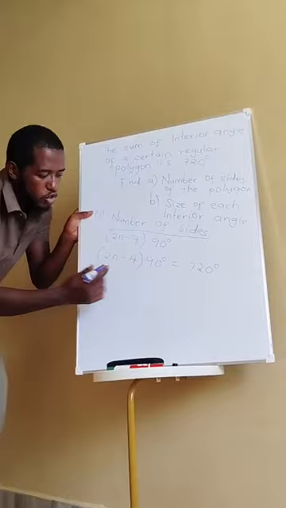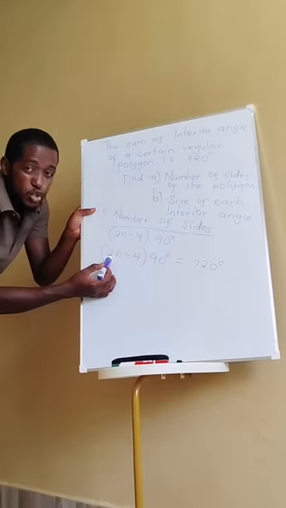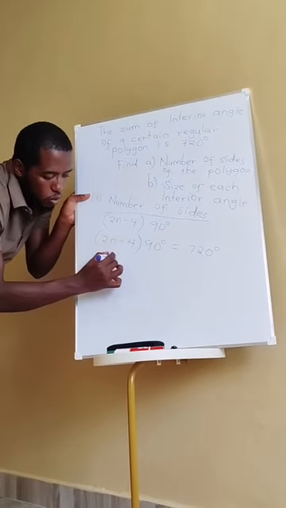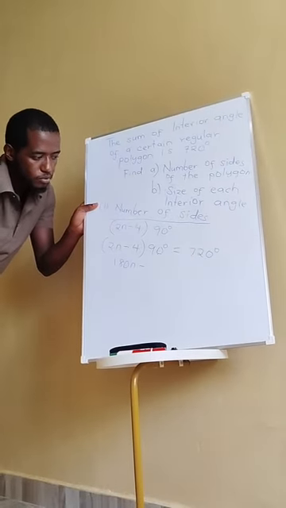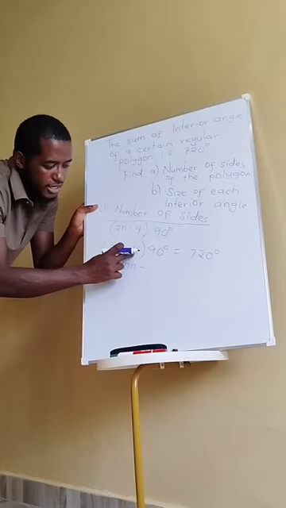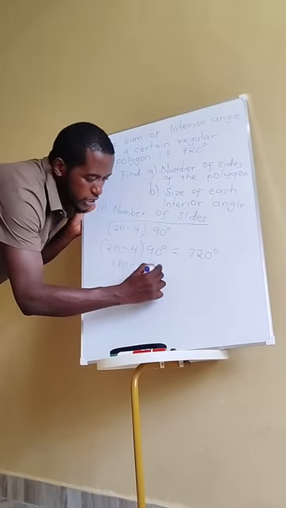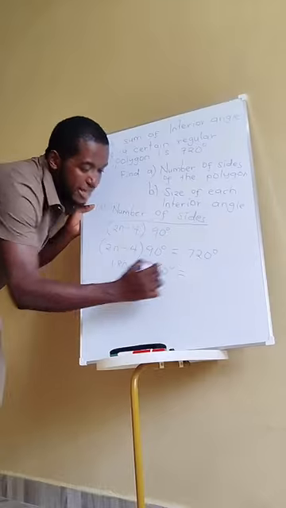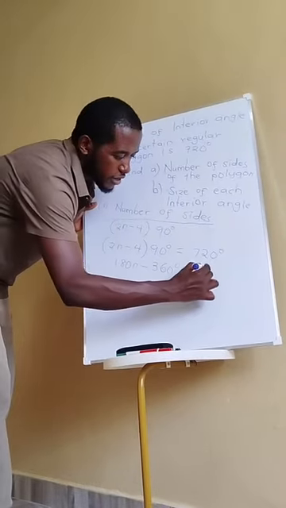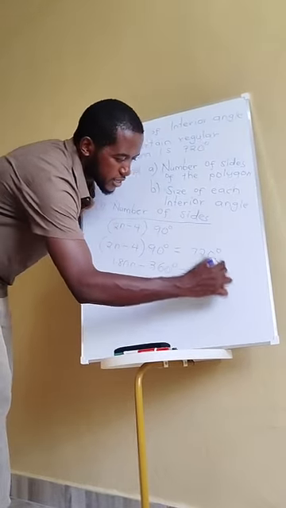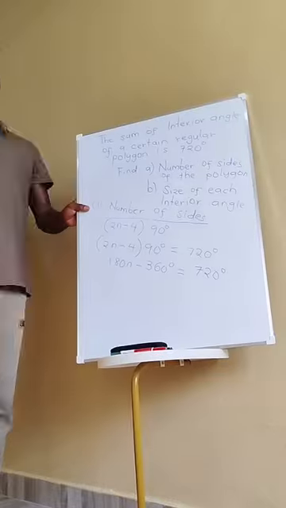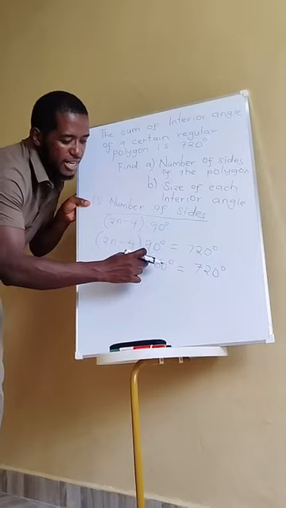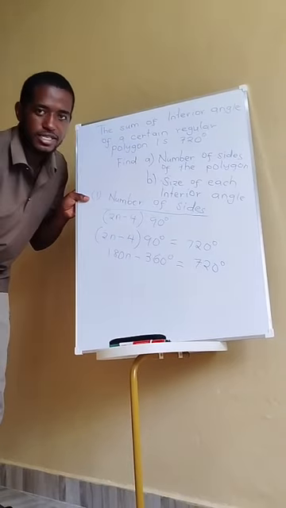You open the bracket. So, 90 times 2n gives you 180n minus 90 times 4 gives you 360 degrees, and this should give you 720 degrees. The next step in solving an algebraic equation is we take these 360 degrees to the other side.